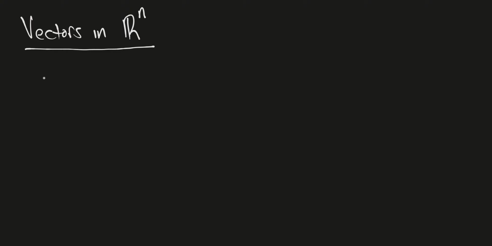So let's start with a couple definitions, some of which might seem familiar to you, but others might be a little bit more general than what you're used to. So we use this symbol, and I'm sure you've seen this symbol before, this R2.